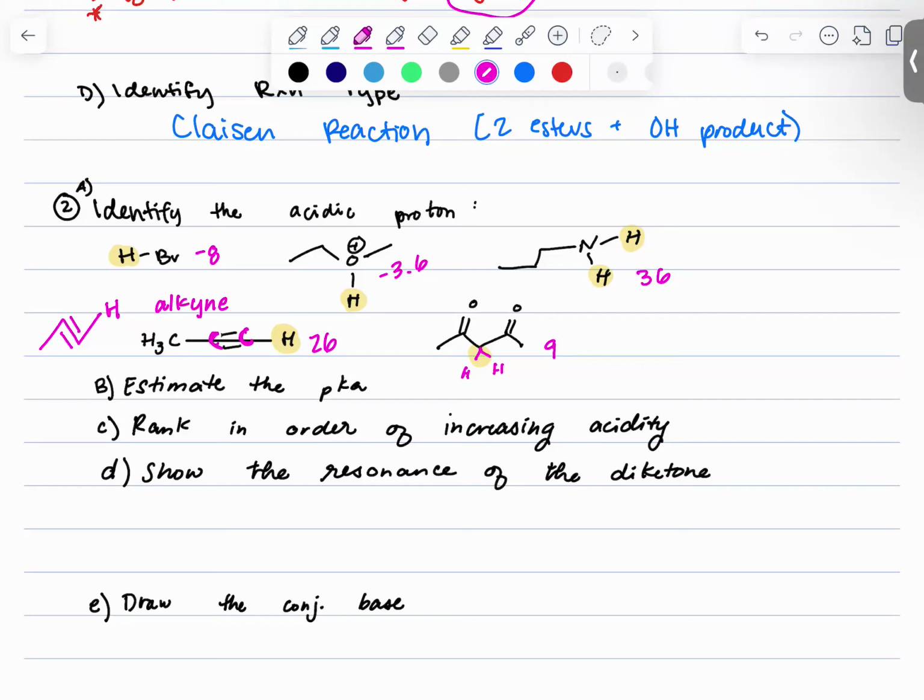And so that's how we know that it matches this one. Even though ours has 2 carbons on one side and 1 carbon on the other, it doesn't change that this is still an ether. So although it doesn't look exactly the same as this one, it's close enough that we'll use that for our approximation.